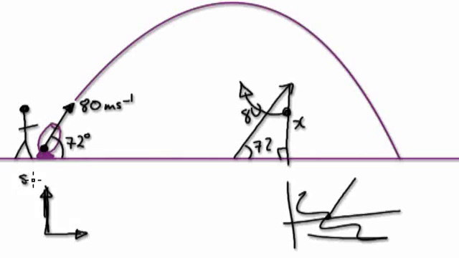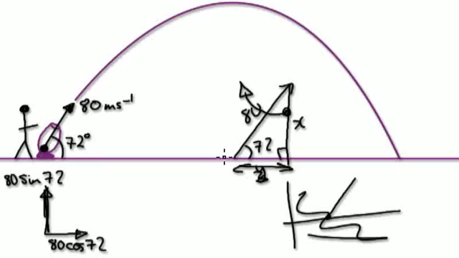So this here would be 80 sine 72. And this distance here would be 80 cos 72. So here the up and down of this thing, you can pretend that you're firing the cannonball vertically upwards at a speed of this.